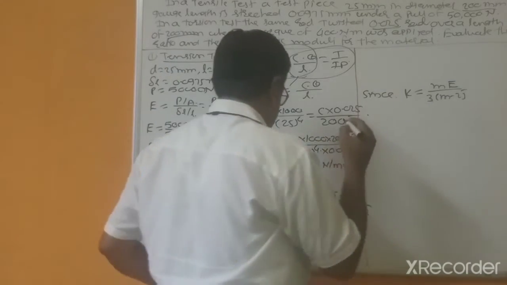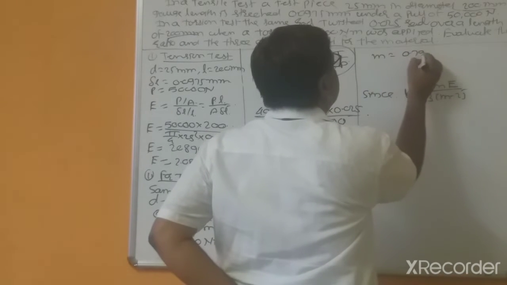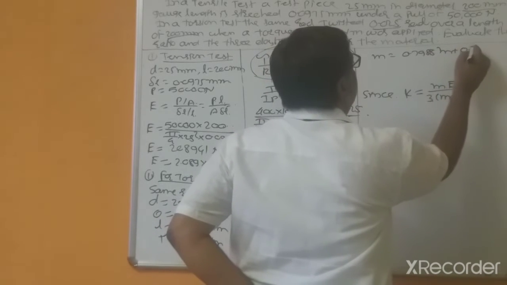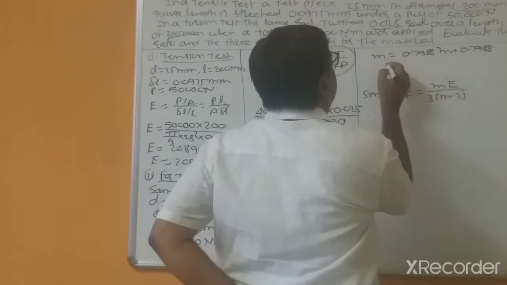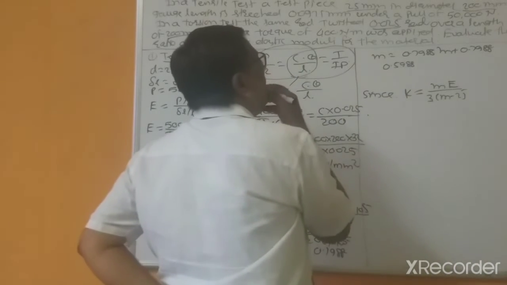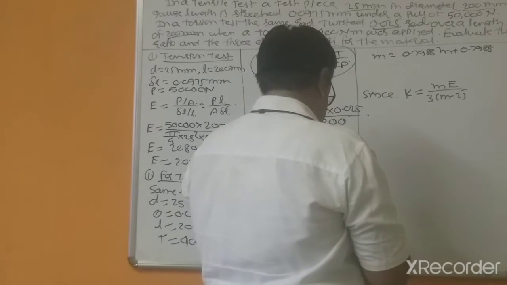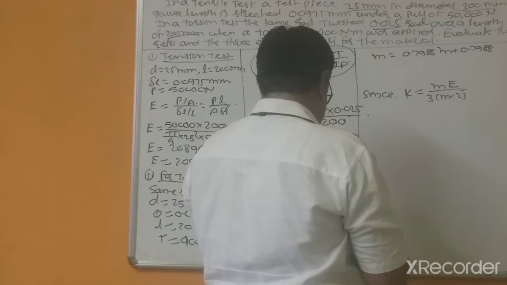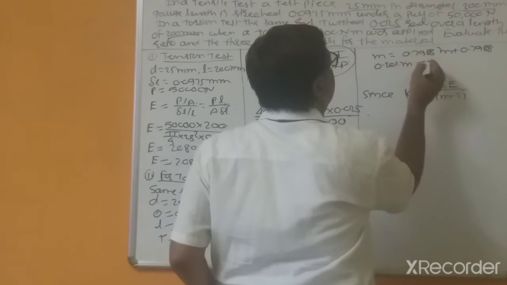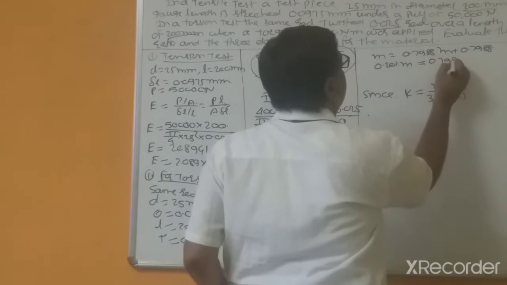So again m plus 1 equals 0.7988, so 1 minus answers, 0.201 m equal to 0.7988.